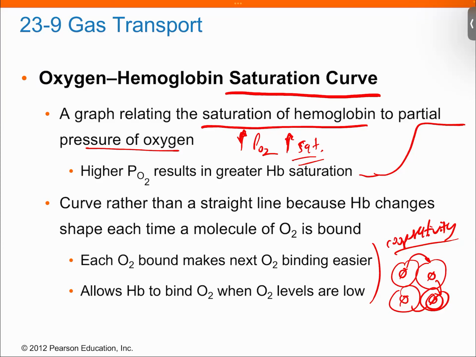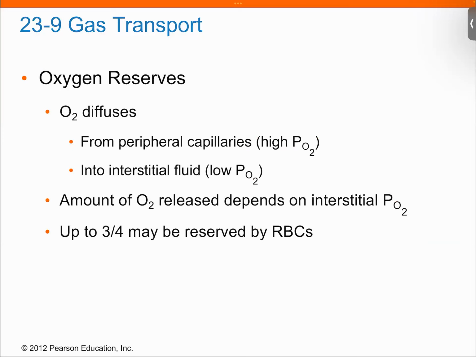Okay. This also basically means that when you have very low levels of oxygen, it allows you to bind oxygen with greater ease. So once you get past that first one, it synergizes the binding so you can pull out or leach out low levels of oxygen from tissues and things like that.